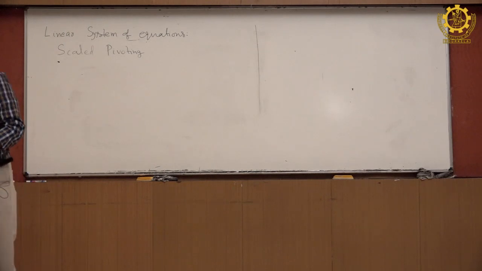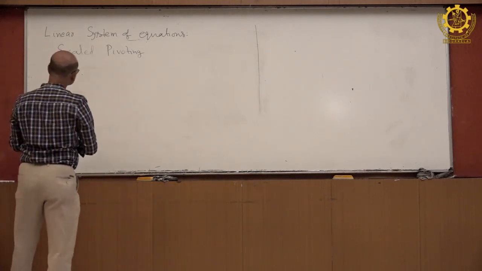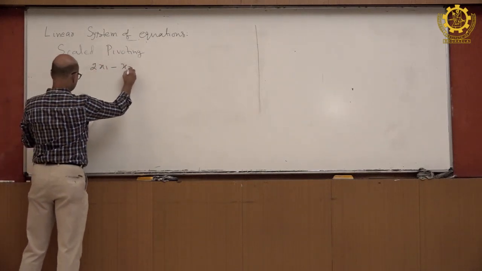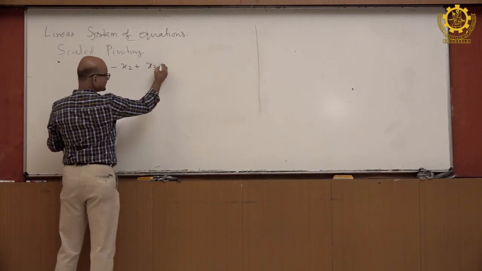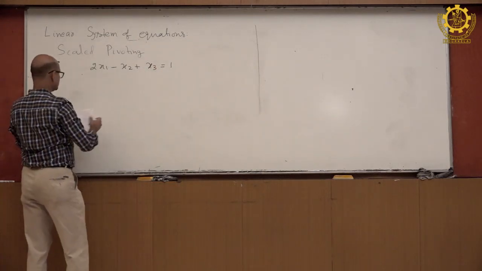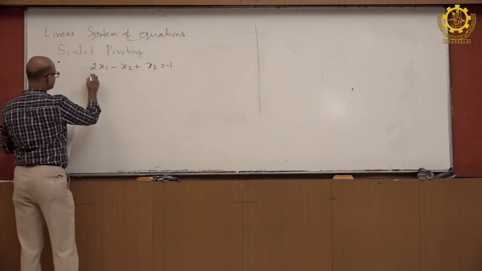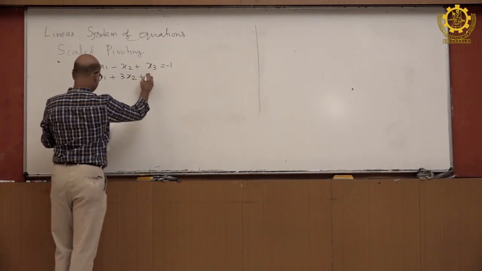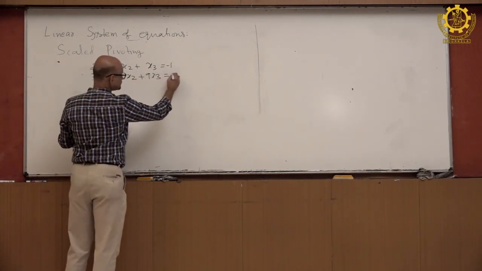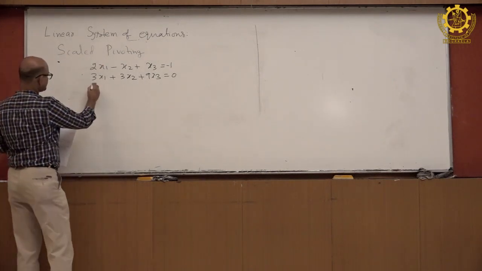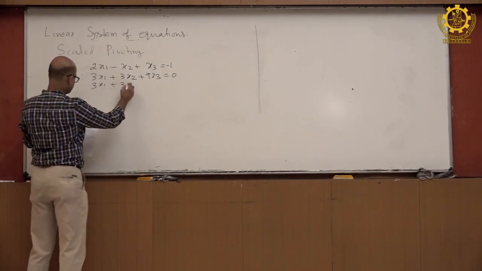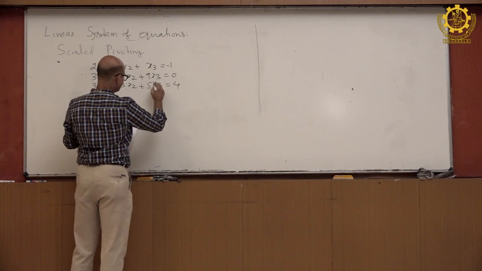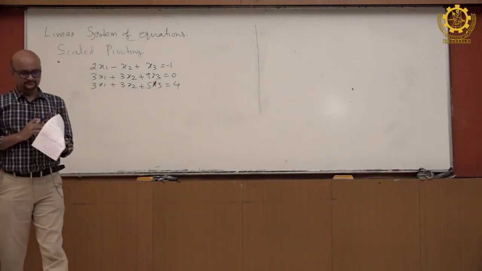So, let us take one example: 2x1 minus x2 plus x3 is equal to minus 1, 3x1 plus 3x2 plus 9x3 is equal to 0, 3x1 plus 3x2 plus 5x3 is equal to 4. I have these three equations, three unknowns.